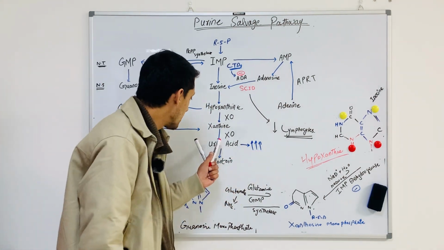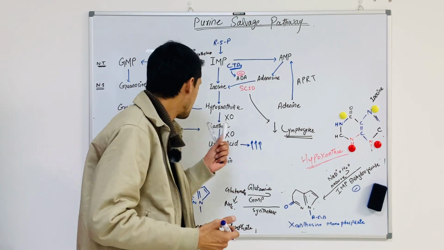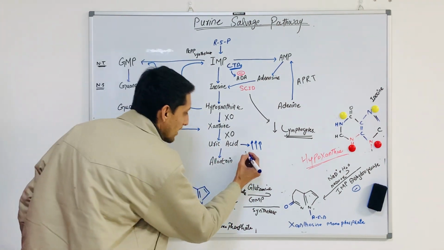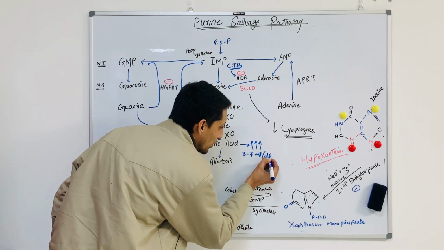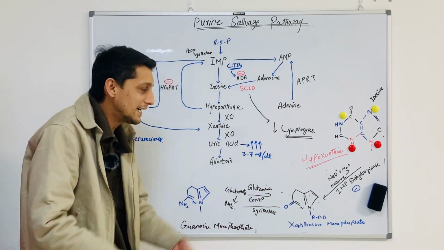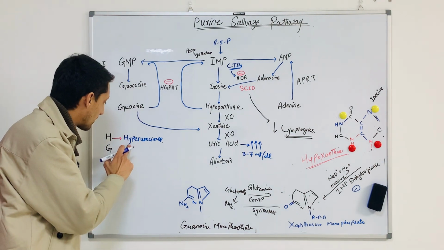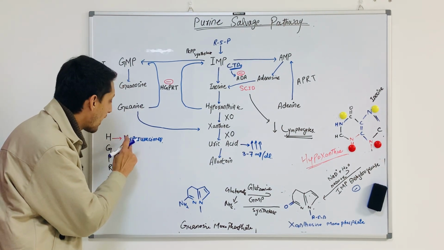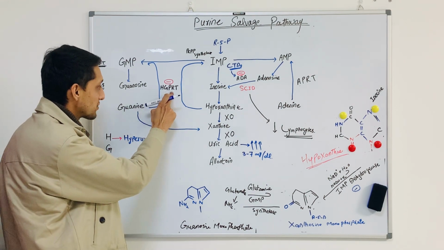This means the uric acid level will increase in your serum. The normal level is 3 to 7 milligram per deciliter. If it exceeds this value, the problem that comes is hyperuricemia.